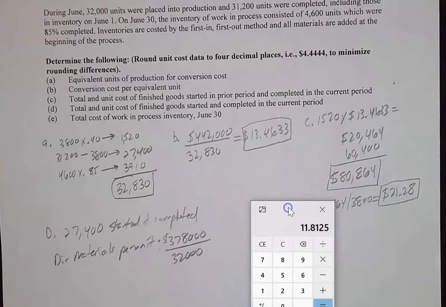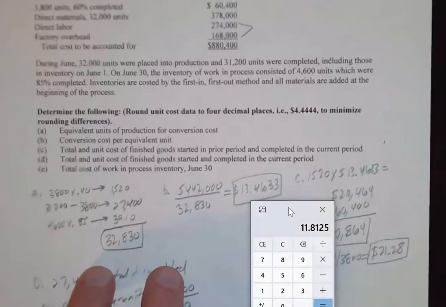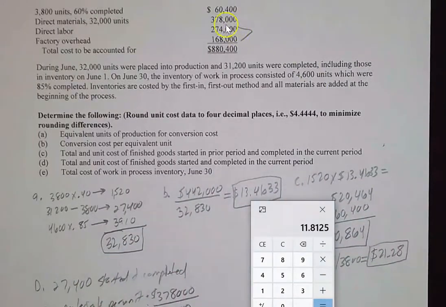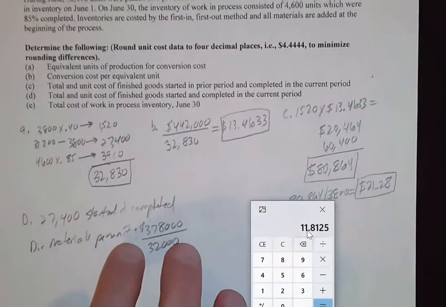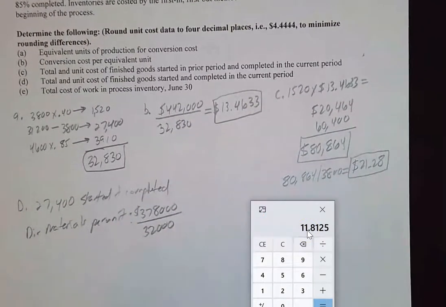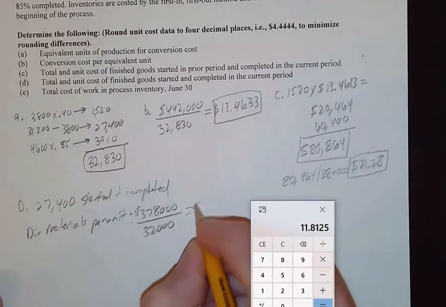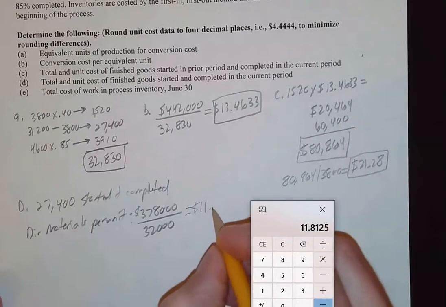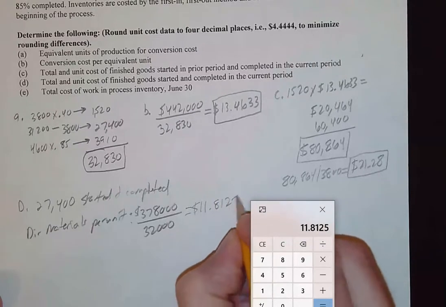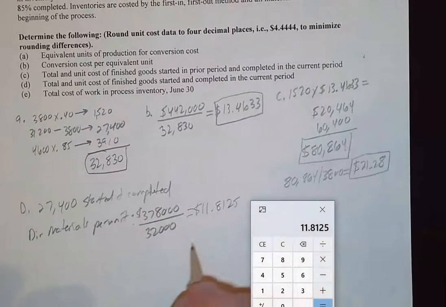And I'm going to drop this down here just to reiterate: I took the 378,000 here, divided it by 32,000 units, and we came up with $11.8125. Okay, so we're going to have that figure.